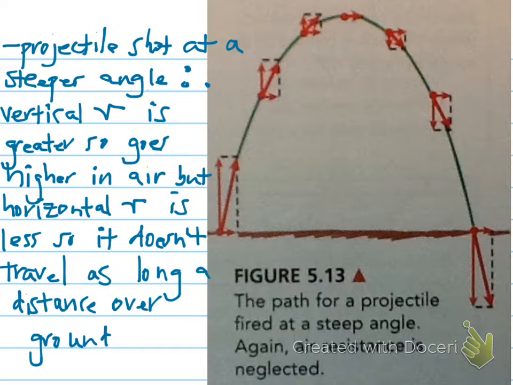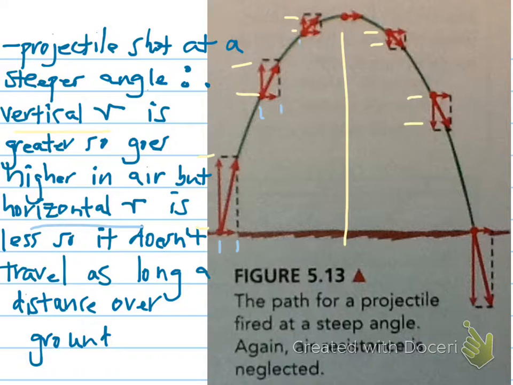Okay, so notice what I'm talking about here is the vertical, this portion, that's larger to start with. So the result is it goes a greater distance in the air. However, because that is greater to start with, the horizontal is less.